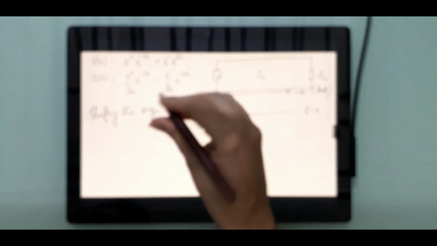So in some sense we can say that shifting the origin from source to the load indicates that L is nothing but minus x.